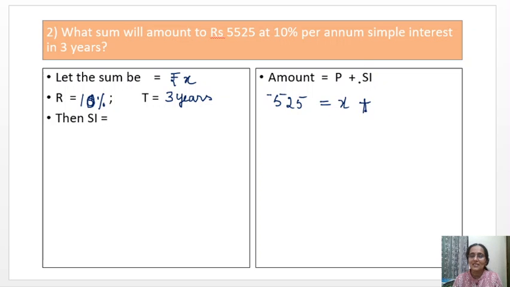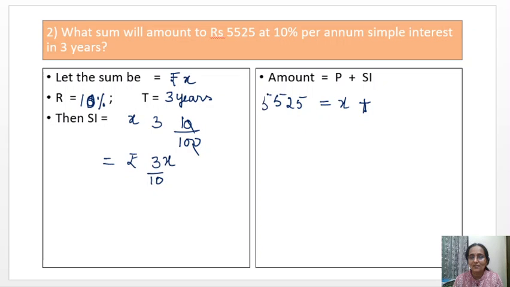When the simple interest is found out, we can find out the amount. We will find the simple interest using the formula PTR by 100. Directly writing X, T is 3 years, R is 10, the simple interest is rupees 3x divided by 10.